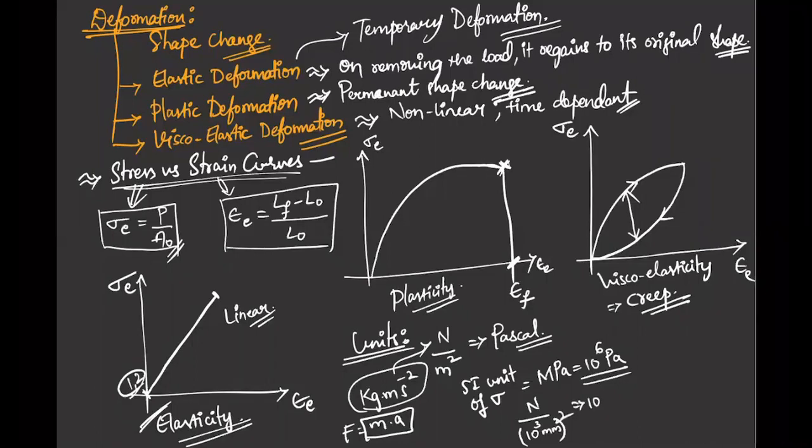You'll get 10 power minus 6 Newton per mm square, but since we are talking about mega, multiply by 10 power 6, so the unit will be Newton per mm square. So we can write the SI unit of stress in two ways: one is megapascal and the other is Newton per mm square. We just converted meter into mm and multiplied, so we got Newton per mm square.